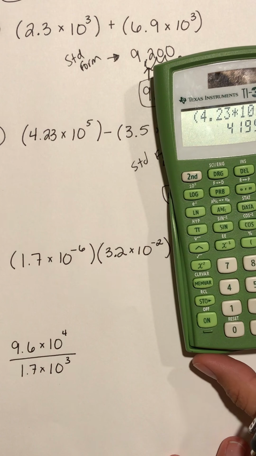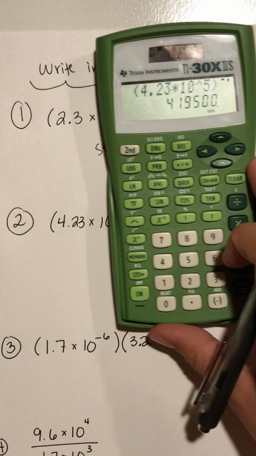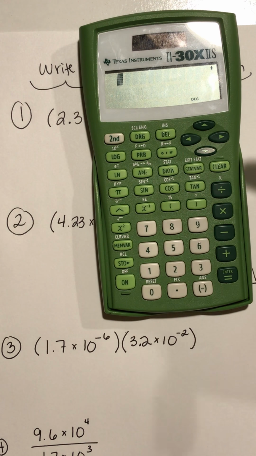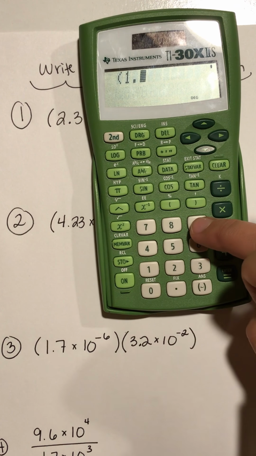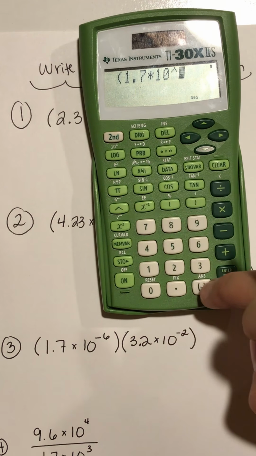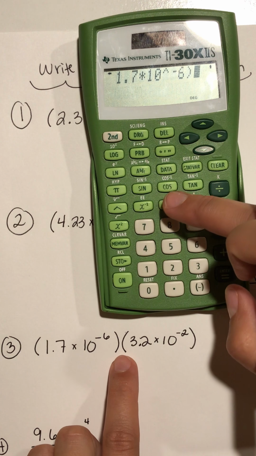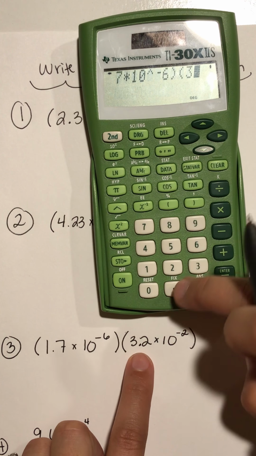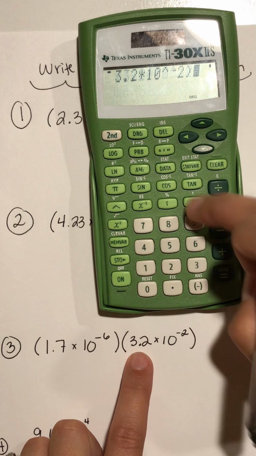If we look at number 3 here, number 3 is multiplication, and I'm going to plug it in the exact way it looks, with a parenthesis. 1.7 times 10 raised to the negative 6th power, and then no sign in between, just another parenthesis. 3.2 times 10 raised to the negative 2nd power.